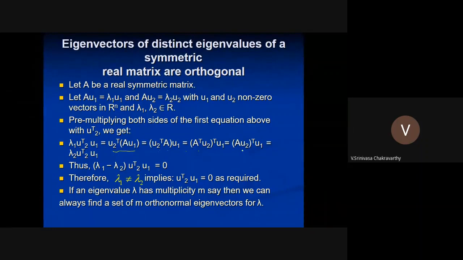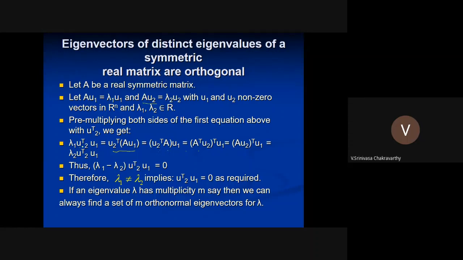So you get the transpose of A U2, times U1. Now A U2 is nothing but lambda 2 U2, so we plug it in here. So you get the transpose of lambda 2 U2, times U1.